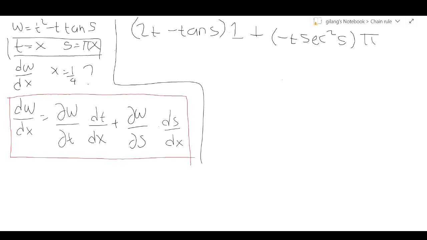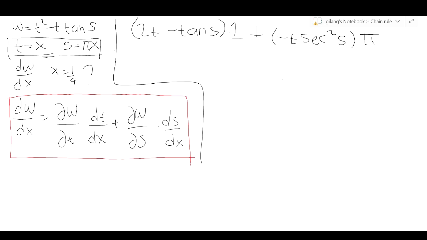And then, because this is in terms of t and s, we just substitute t equals x and s equals πx.